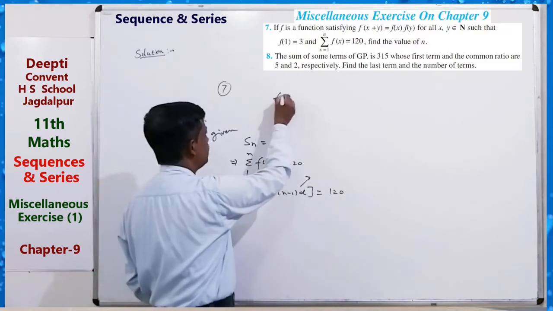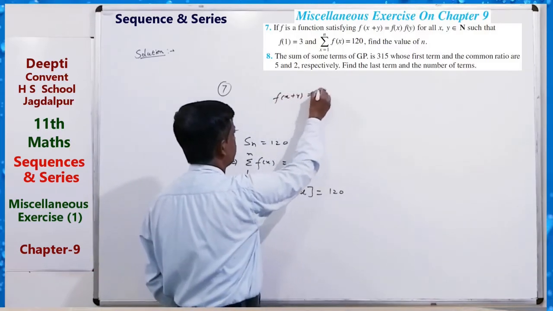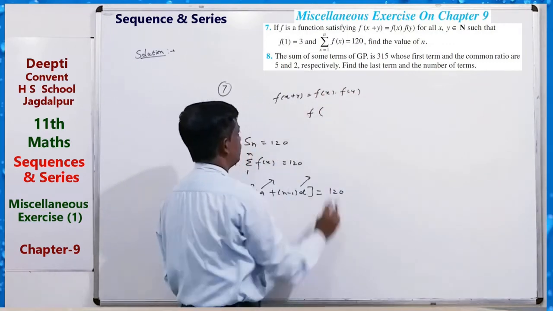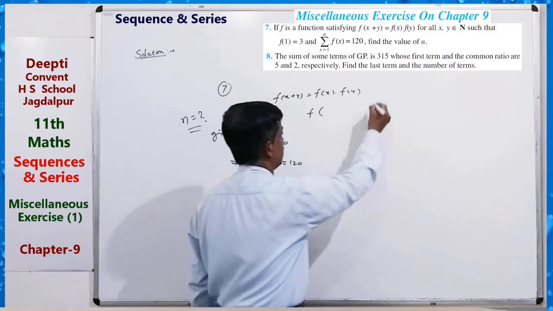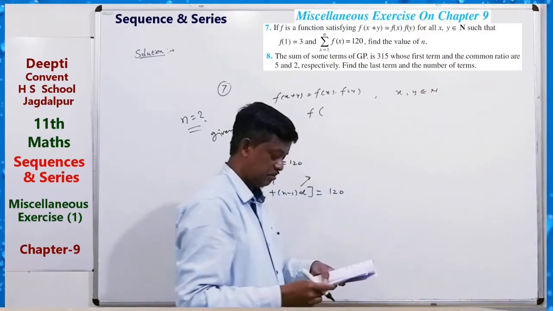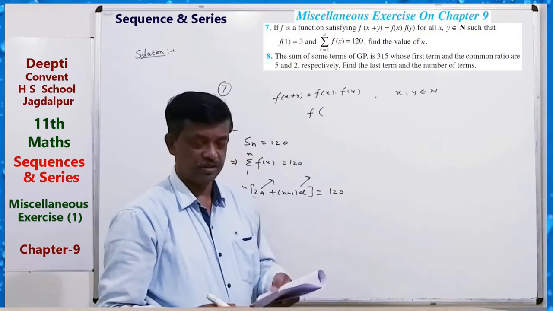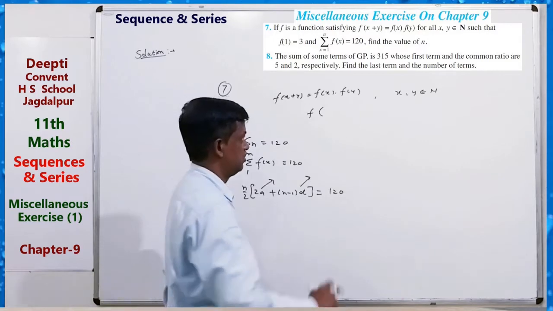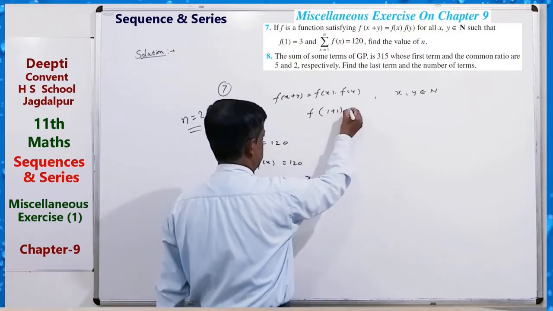Now also given f(x+y) equals f(x) into f(y), where x, y both belong to natural numbers. So if we take the first natural numbers, both 1 plus 1, what?